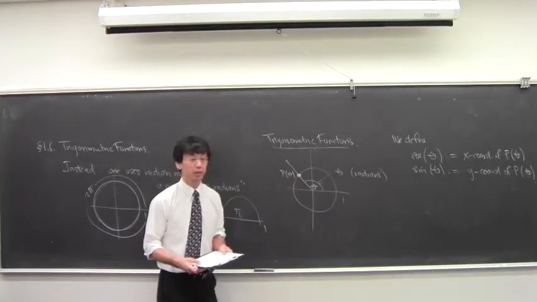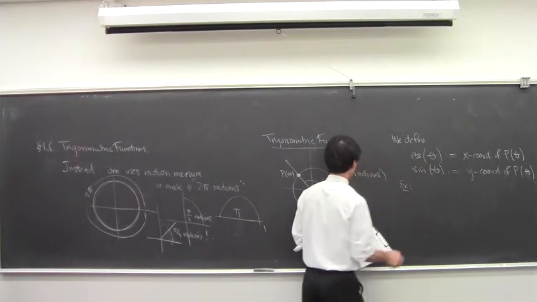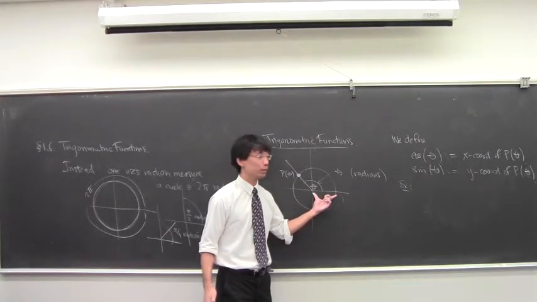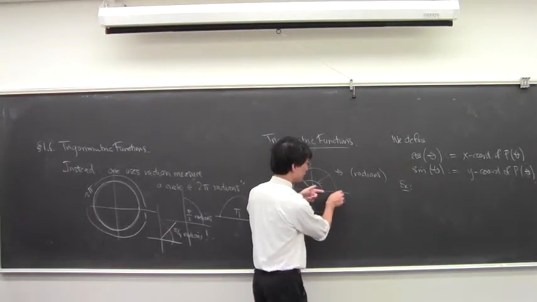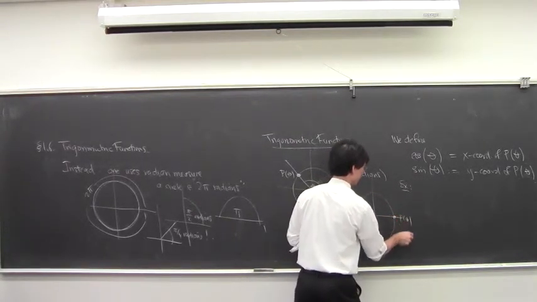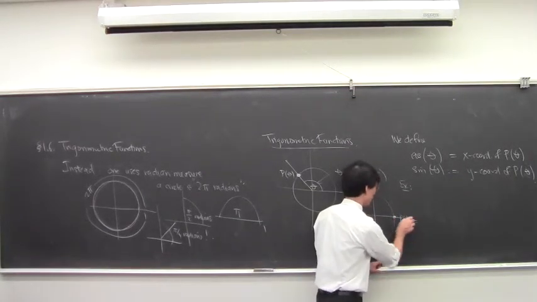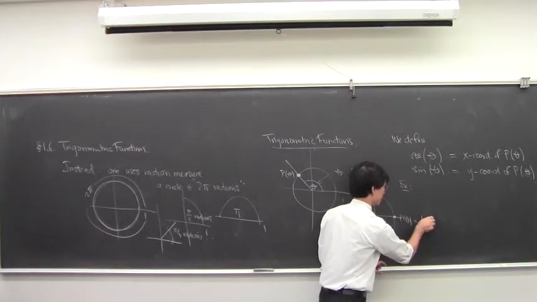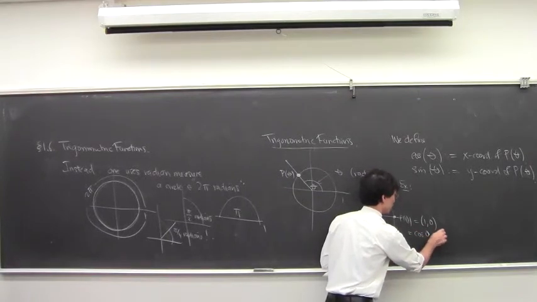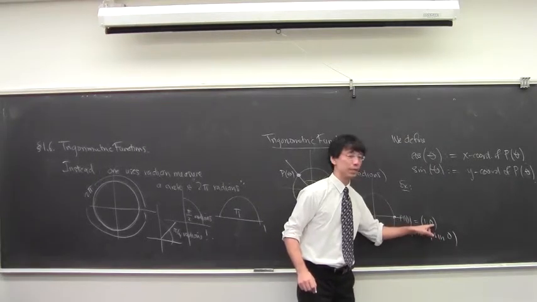So, for example, if somebody asks, what's the cosine of 0? I'm going to look at P0, and the coordinates of that are 1, 0. So that tells me that the cosine of 0 is 1, and the sine of 0 is 0.